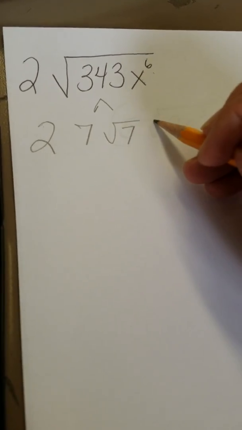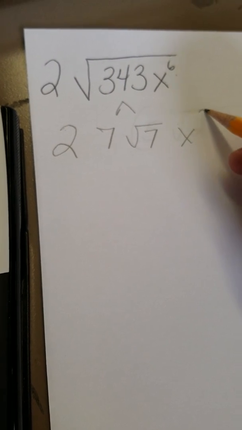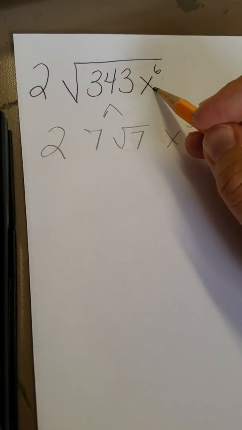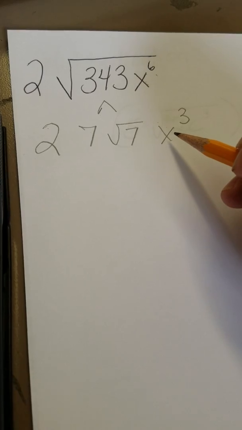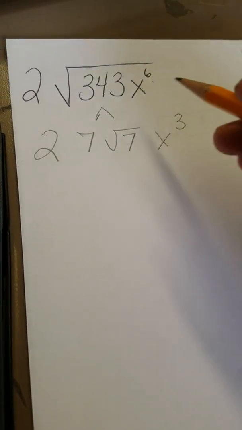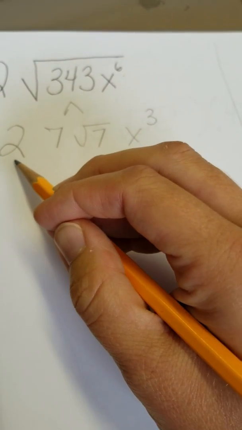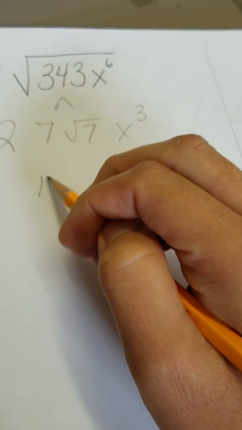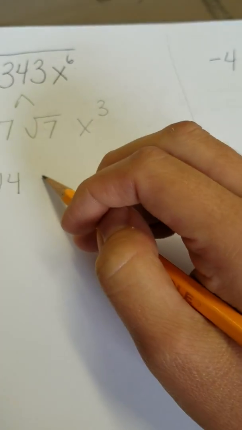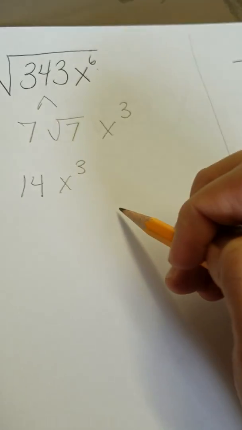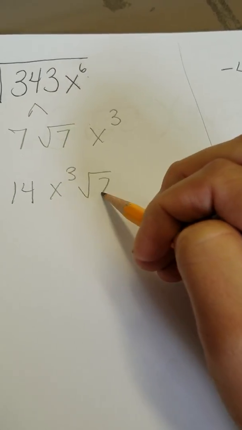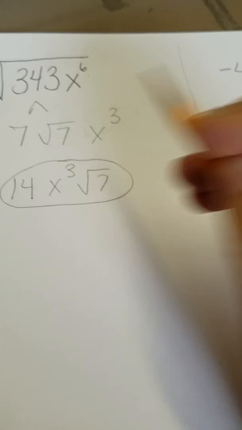He's going to break down to x cubed, because if he's even, I just cut the exponent in half and I'm done with him. So now my final answer is going to be 2 times 7, which is 14, x cubed, radical 7. And that's my final answer.